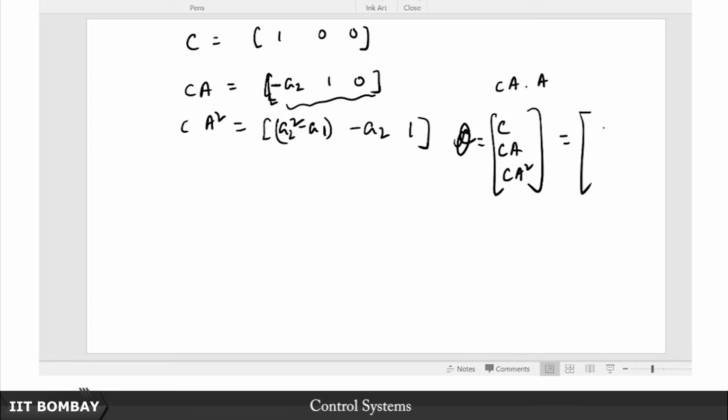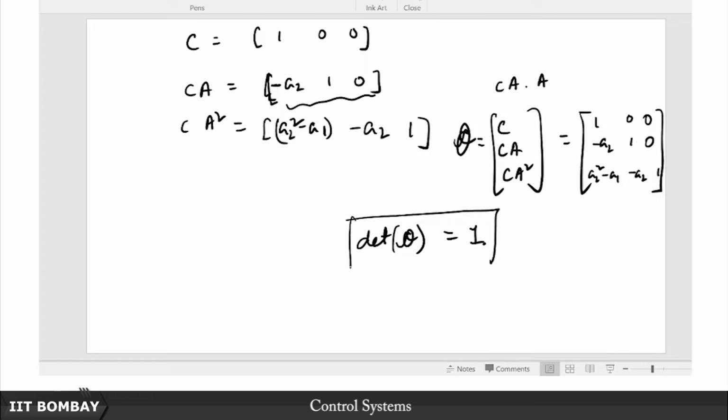So then look at this matrix, I get 1 0 0, minus a2 1 0, and a2 squared minus a1, minus a2, 1, and clearly the determinant of this observability matrix is always going to be unity, independent of these a1, a2, a3 parameters. If you expand it by the first row, 1 times 1 into 1 minus 0, and that is it.